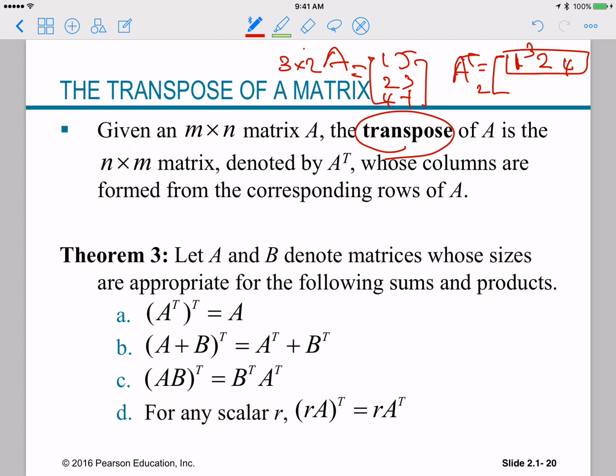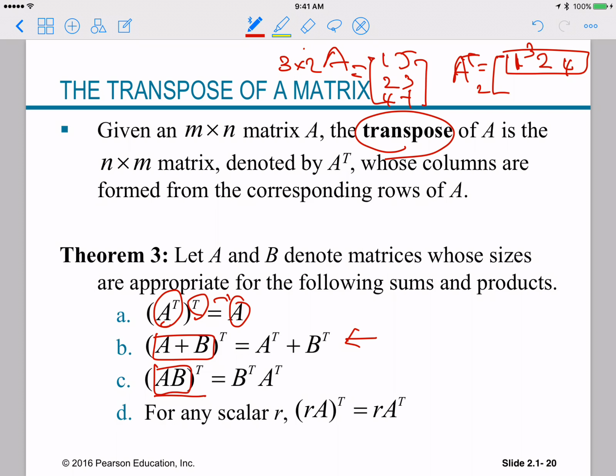Okay, and so we will see some properties of this transpose. The transpose of the transpose will come back to the original matrix, and then the summation of these two. So this transpose operator will satisfy the distributive law, and then this is one interesting aspect or characteristic.